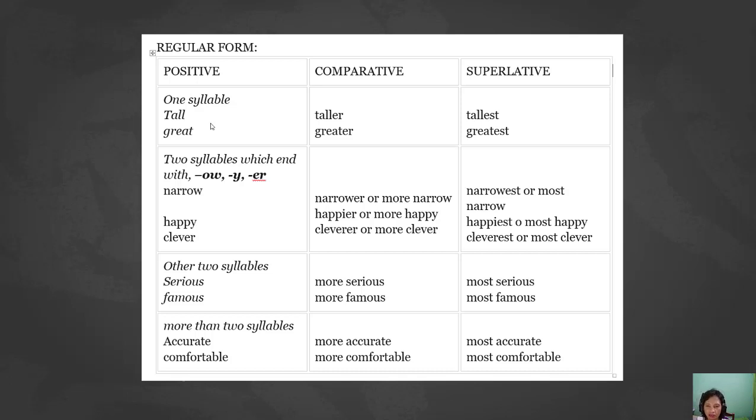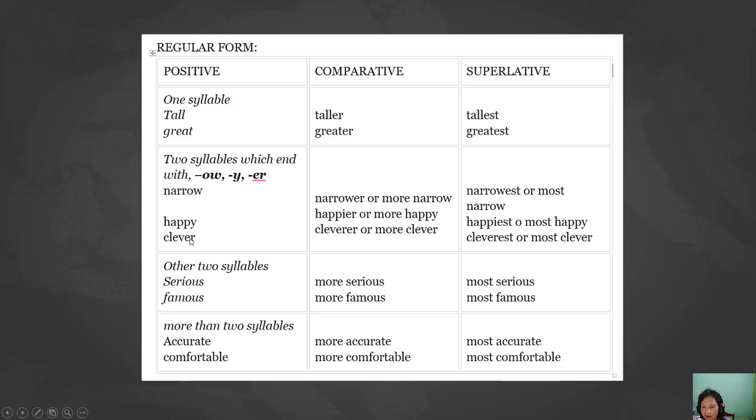Okay, if you have two syllables ending with OW, like narrow, and then Y, and then ER, there are two choices here. You can use more, or you can just add ER. So narrow, narrower, more narrow, and then happier, you change the Y to I, so happier or more happy.